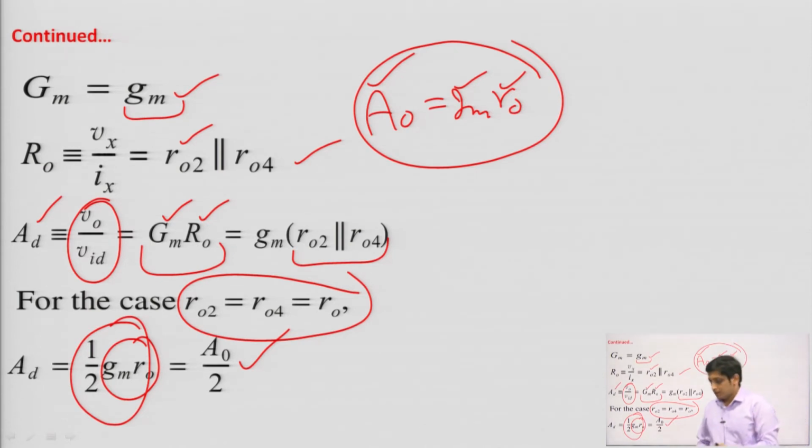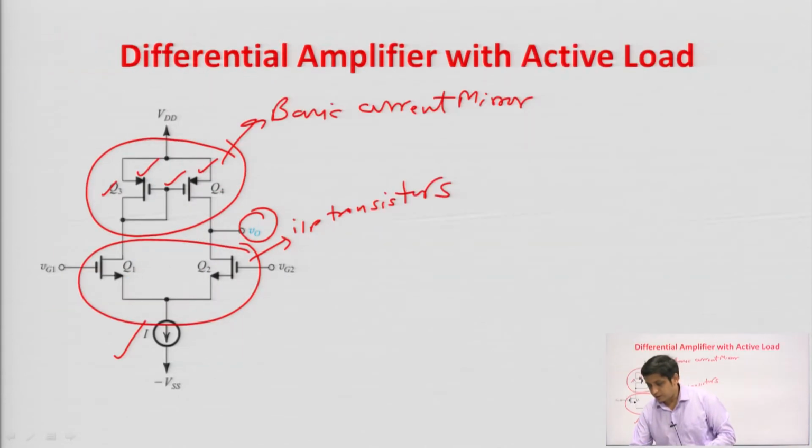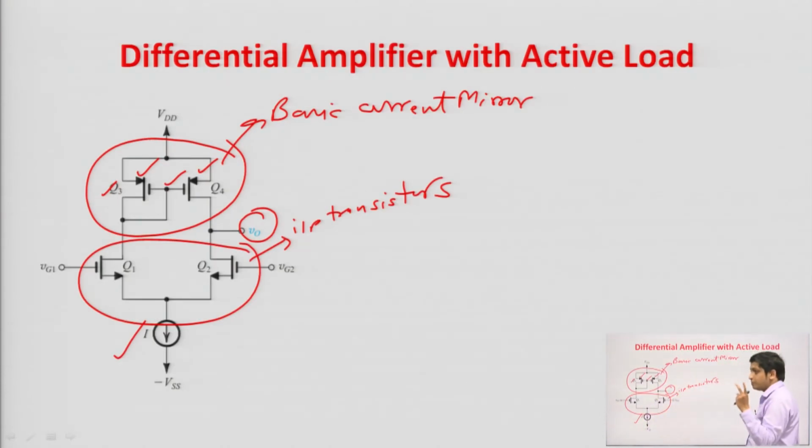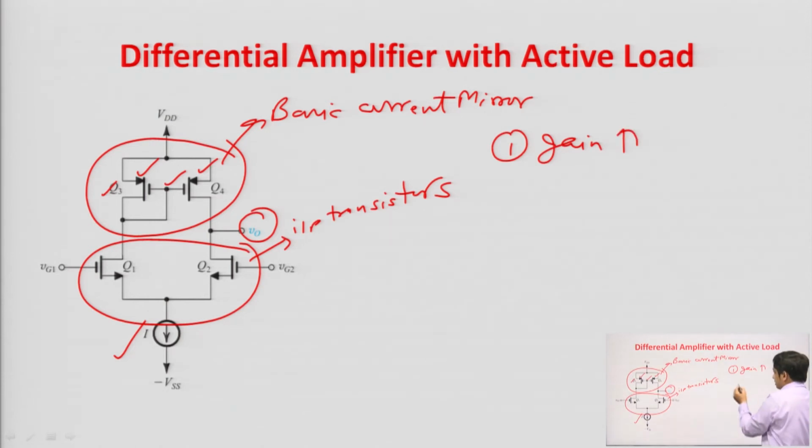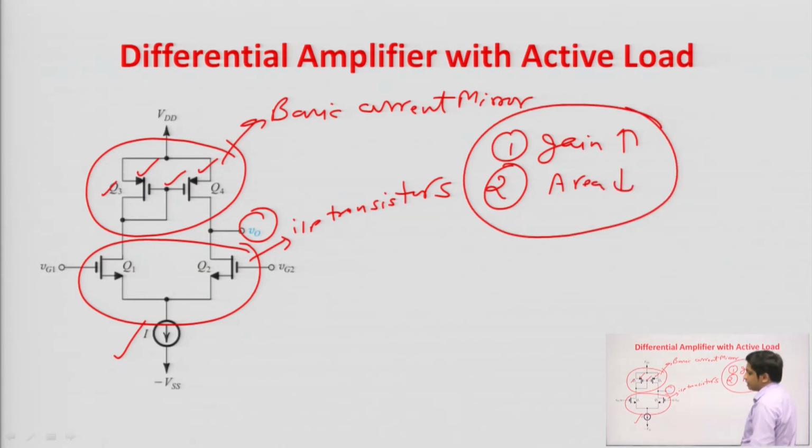And again I repeat, what are the advantages of this differential amplifier with active load? There are two major advantages. The first advantage is that the voltage gain is higher, and the second advantage is that the area is reduced. If we replace those two resistors RD with a current mirror load, that is the active load, then we get higher gain.